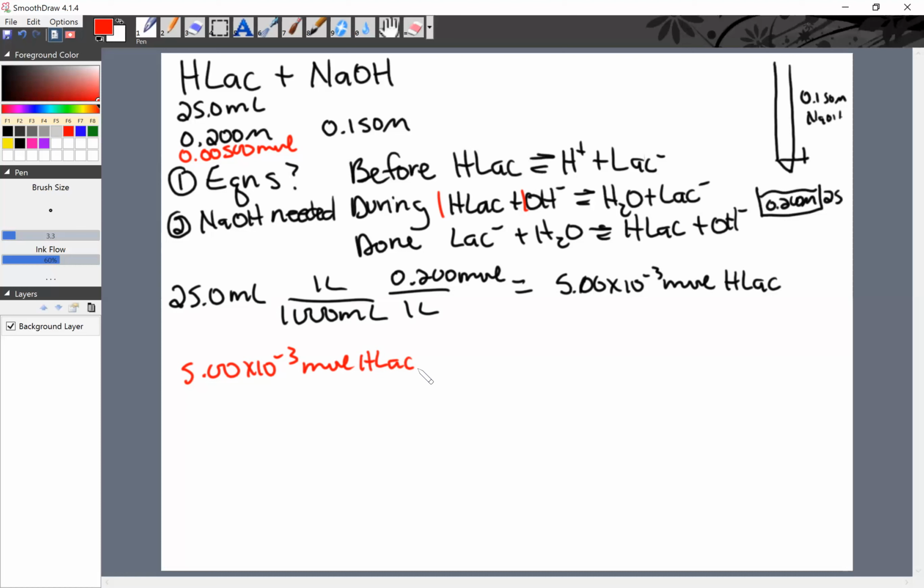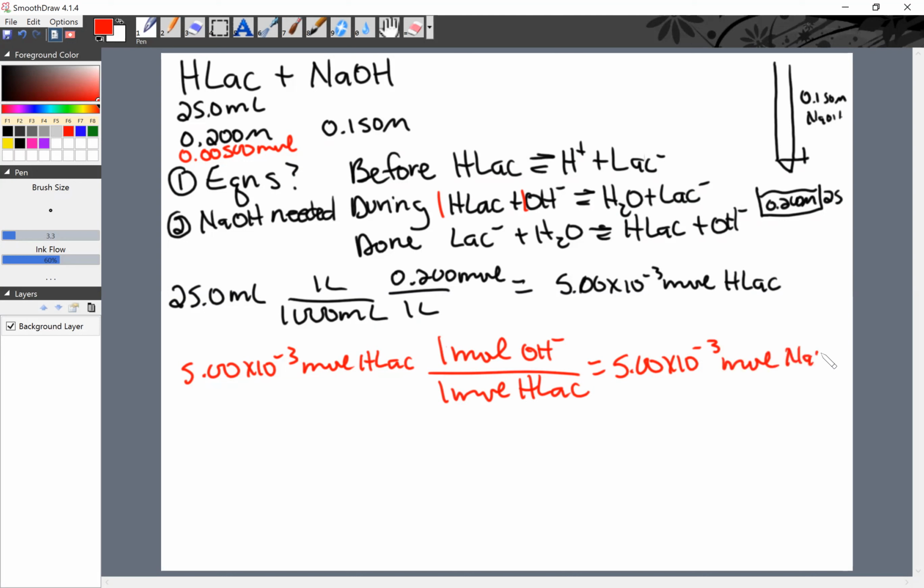And when I said, it's all about the dimensional analysis, this is where it really comes into play. For every 1 mole of lactic acid, I need 1 mole of hydroxide. So I need the same number of moles of the sodium hydroxide.